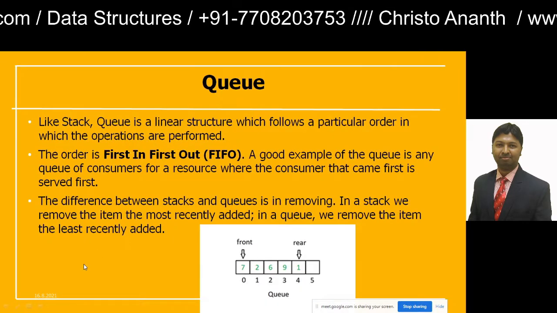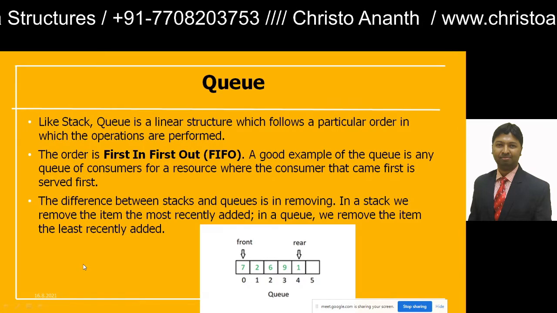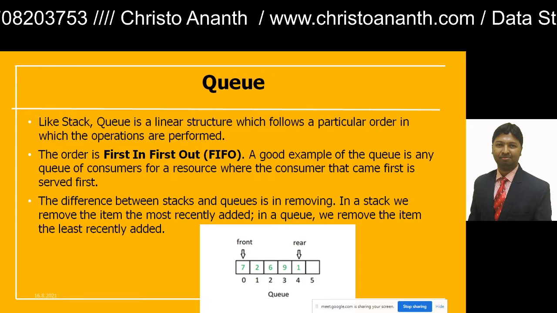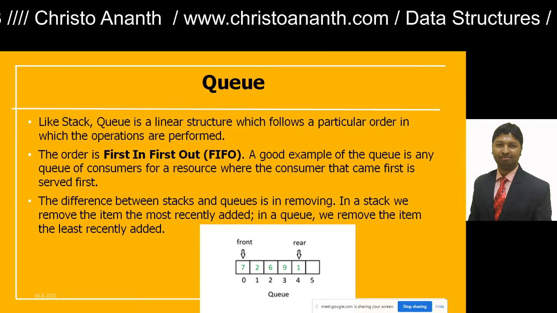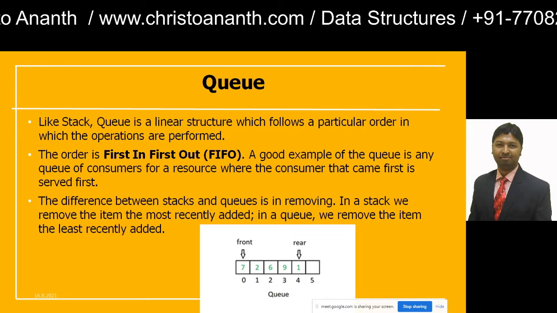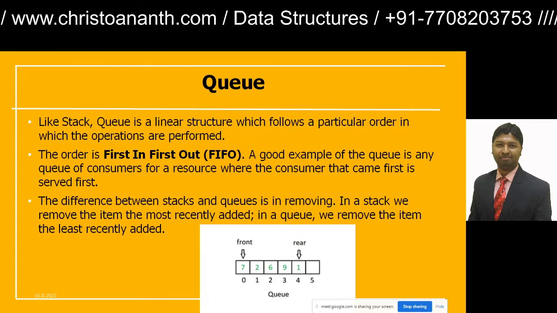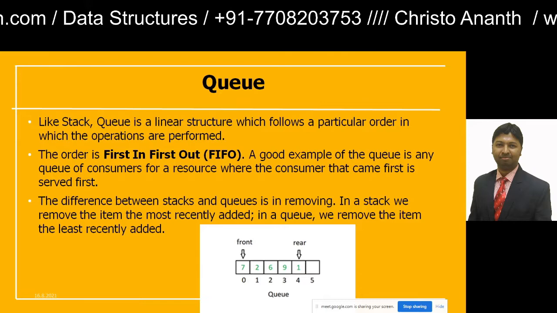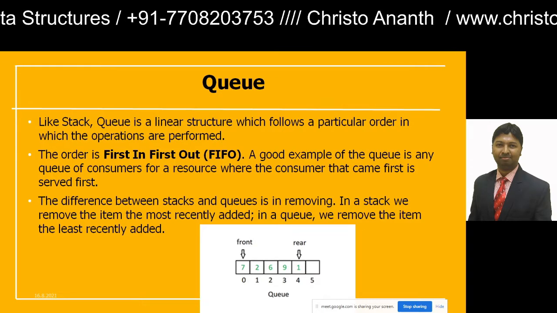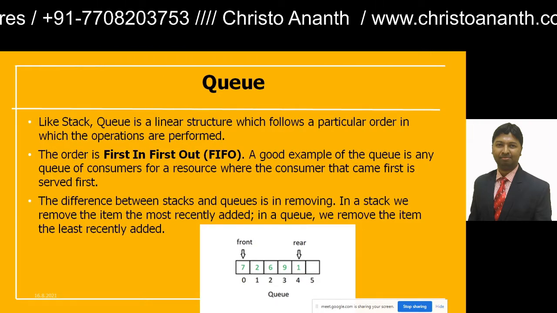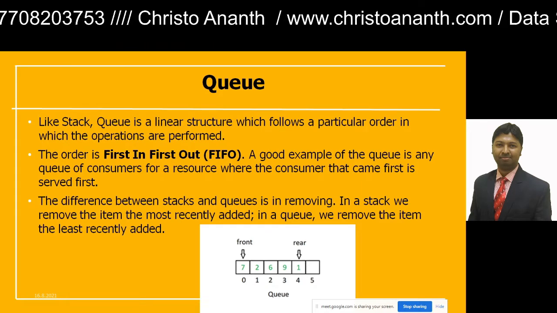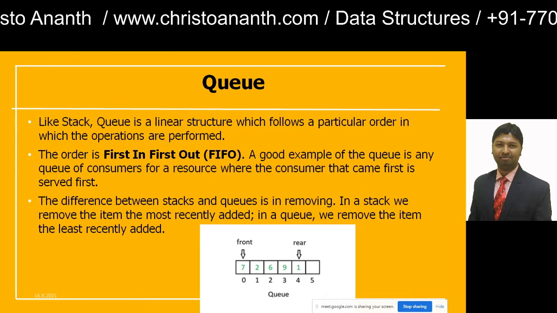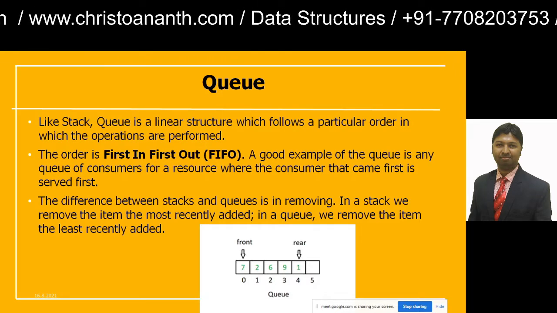And then we have a queue. Just like a stack, we have a queue, which is a linear structure that follows the order in which the operations are performed. So here we have first in, first out. A good example is a queue of consumers, where the consumer that came first is served first.